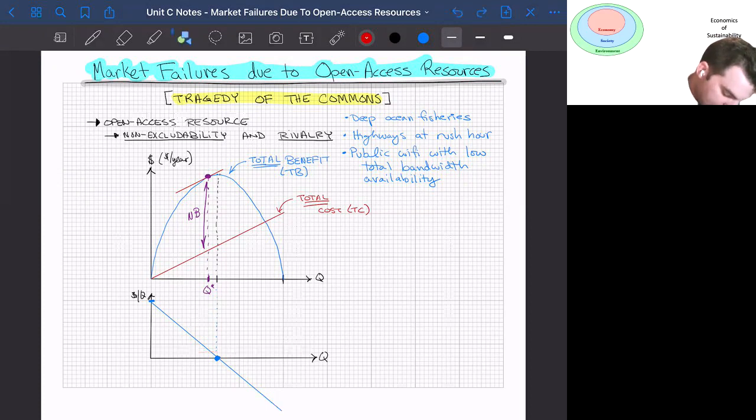Oh, meant to. And this is all eyeballed and approximate, but that was the intent there, was for that to intersect at around Q star.